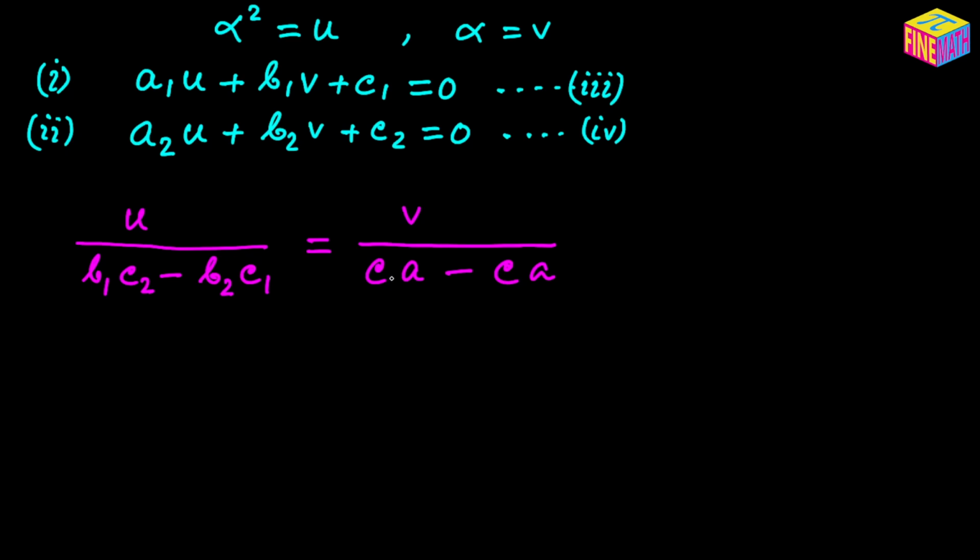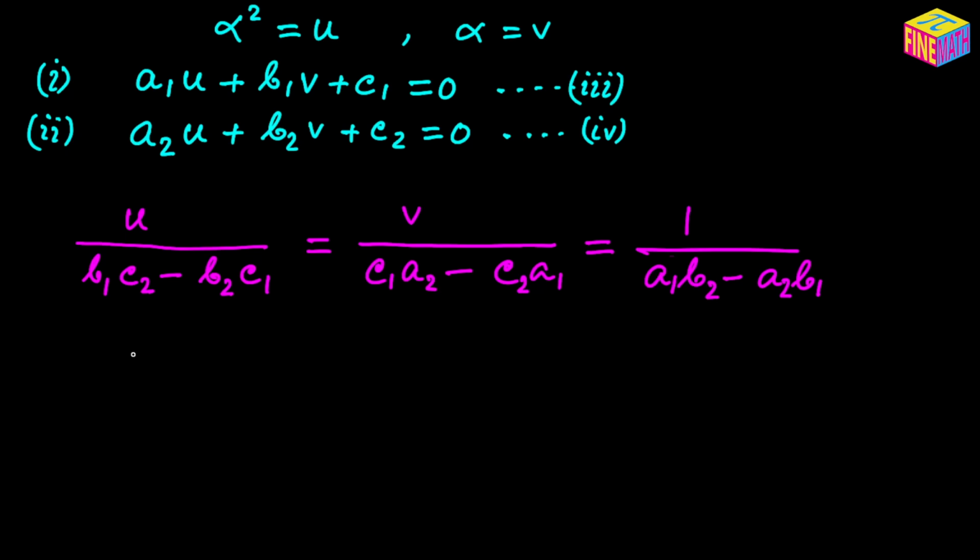Again, we are going to use the subscripts 1, 2, 2, 1, and that will be equal to 1 divided by a b minus a b, and the subscripts would be 1, 2, and then 2, 1. So this comes straight from the cross multiplication method of solving the system of linear equations, right?